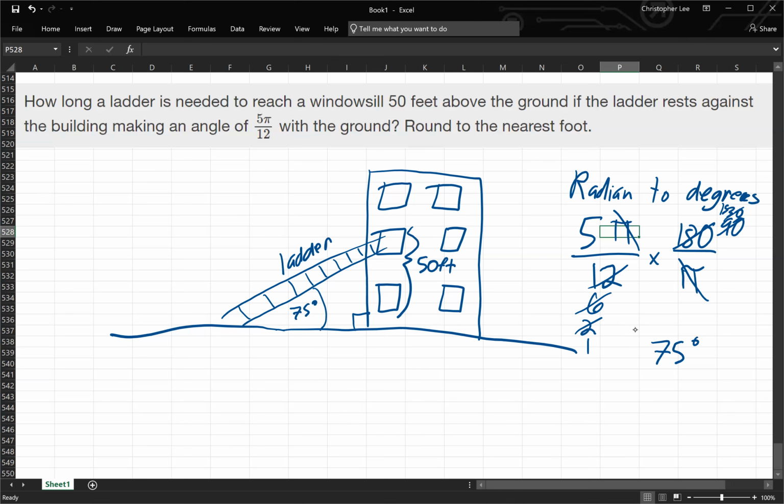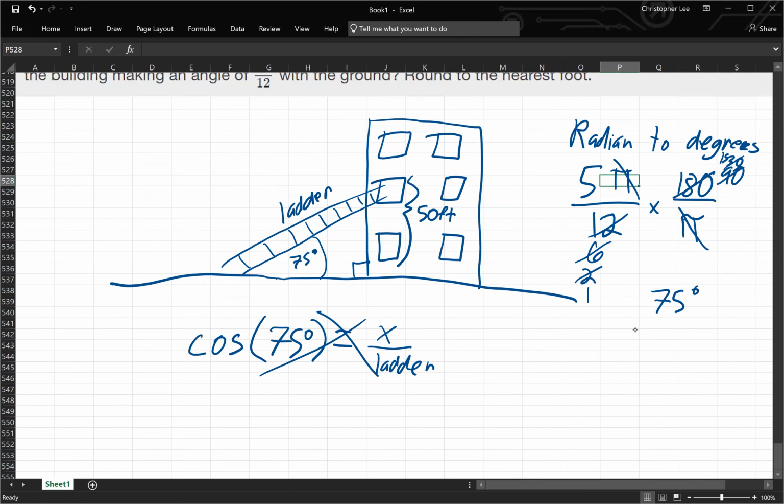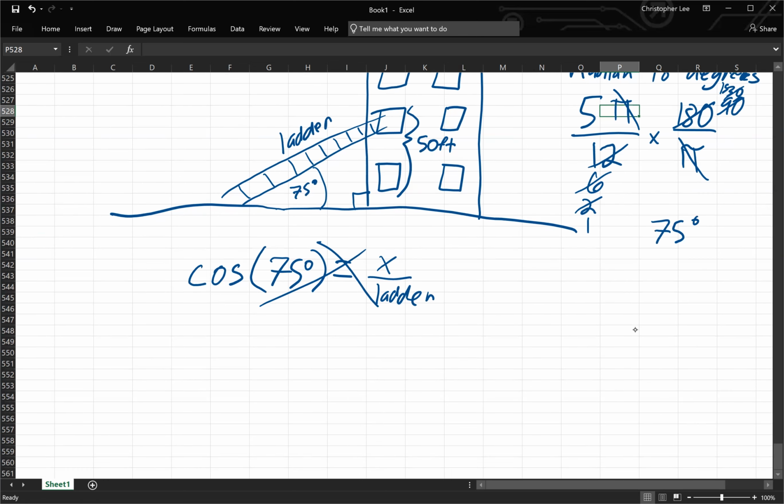So you want to use cosine? Cosine of what angle? 75 degrees is equal to what? X over ladder? That doesn't help me. Give me something else. You want to use tan? All right, let's use tan.